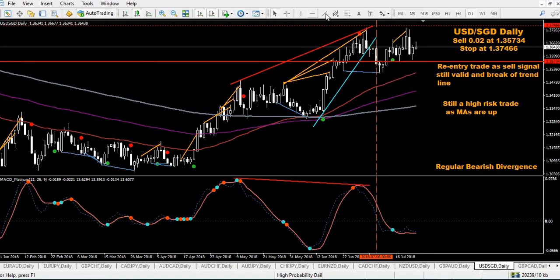You could probably now make an argument possibly for a double top here if it holds on this side, and I'm still in the sell. I've got a stop in place just above there, which is good, and the USD again going sideways, indecision. So this one is more of a hope and a prayer, I guess you could say, but unless this high is taken out here, I'm happy to stay in that sell for now.